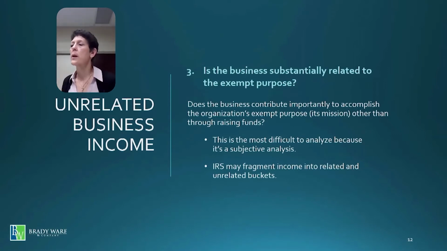Maybe your organization serves the cruelty and prevention of animals, and you provide vet services for a fee for anybody that walks through your door, the general public. Then those vet fees would be classified as UBIT income, even though you're still serving dogs, but it's a different purpose.